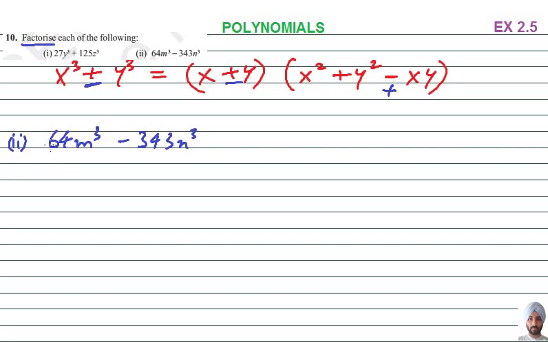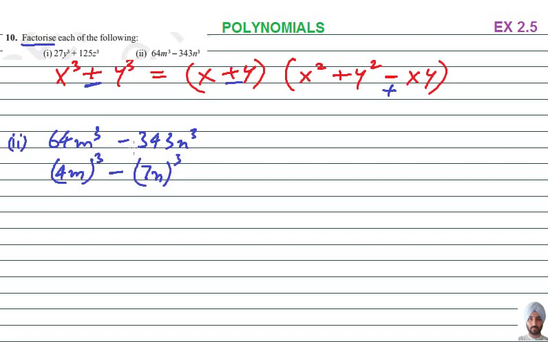You have to find the cube root of 64 so that you can apply the bracket and put the cube over there. So 64 is the cube of 4. So I can write 64 as 4 and m cube as m. So (4m) whole cube minus 343 is 7n cube, on similar lines.